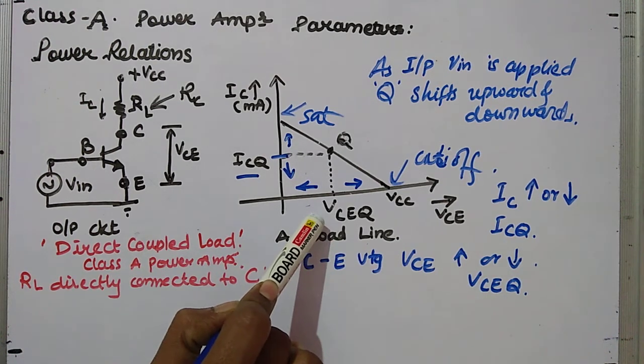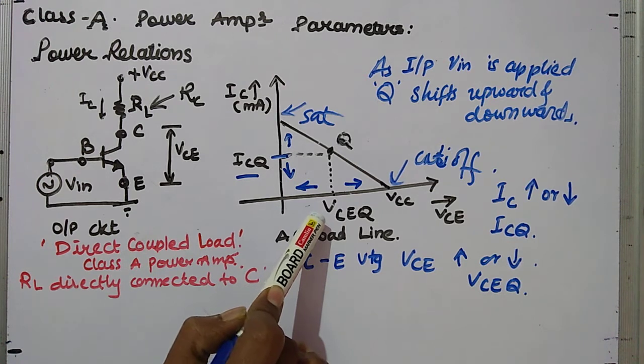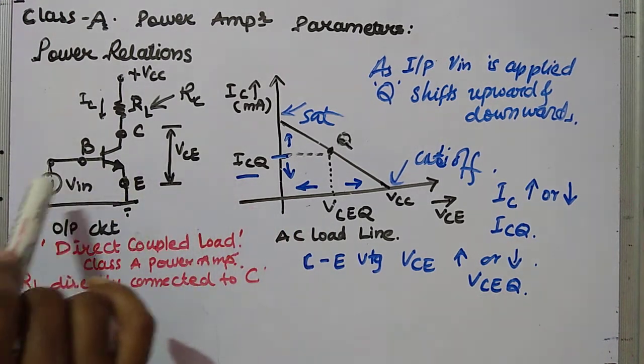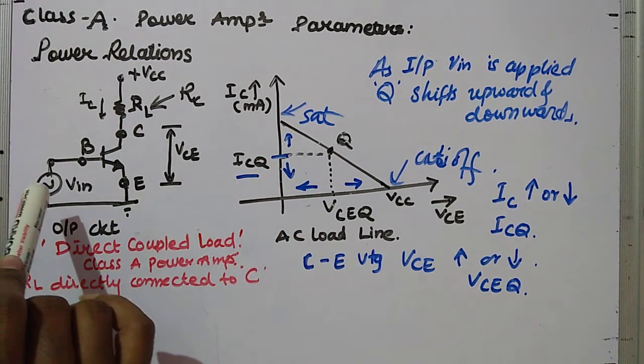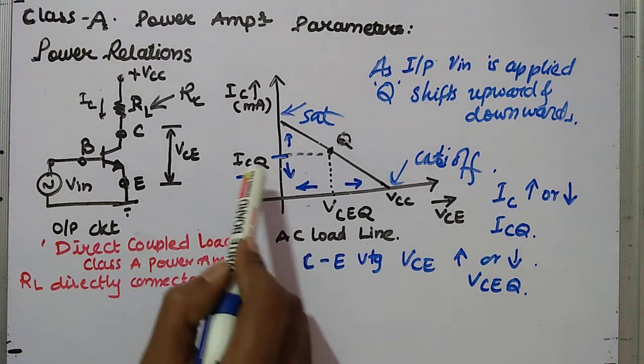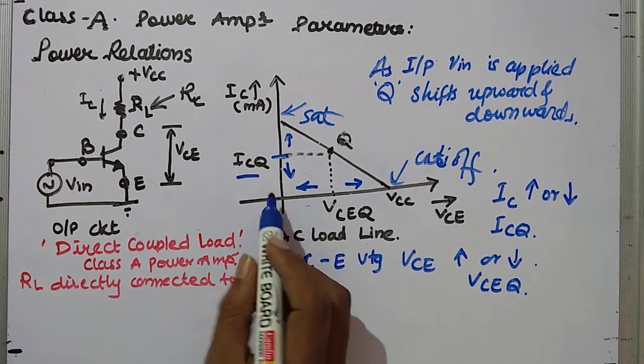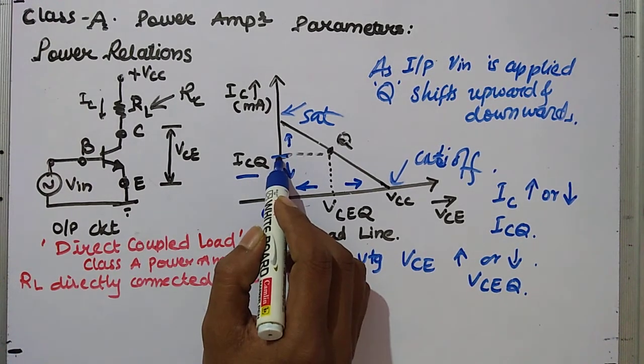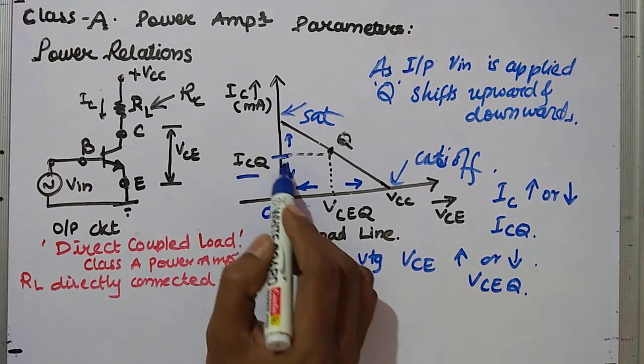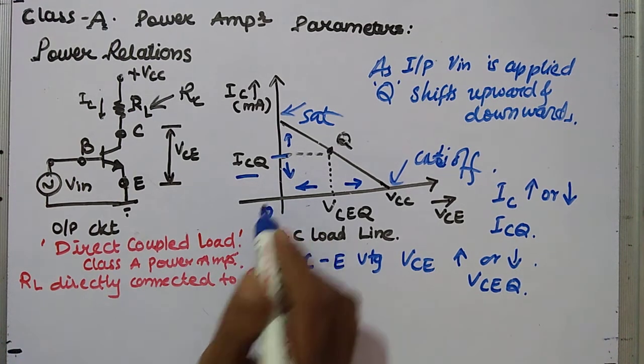This is because the positive and negative input signals will swing and produce equal changes in ICQ. So with respect to 0, there will be an equal amount of swing from the upward side and an equal amount of swing from the downward side.